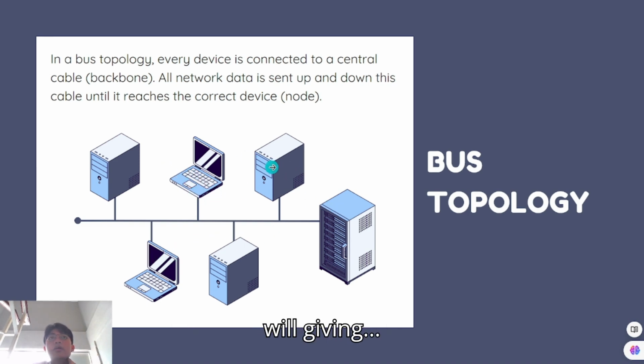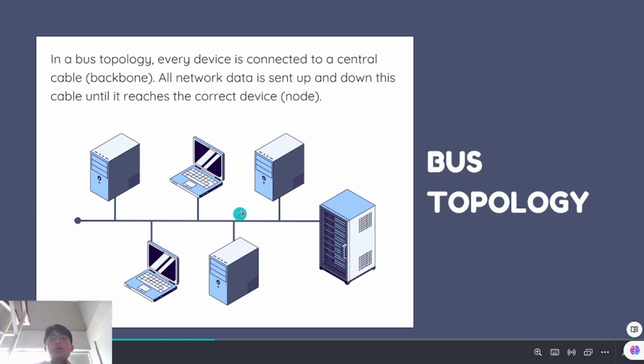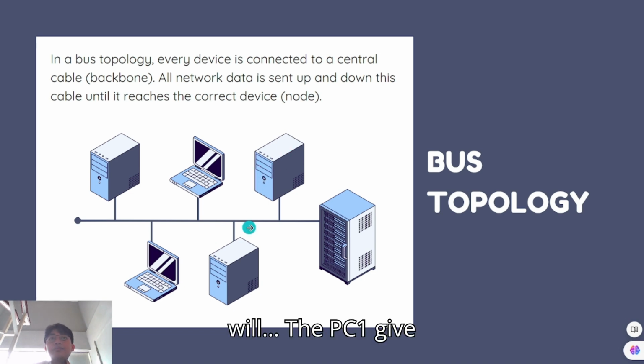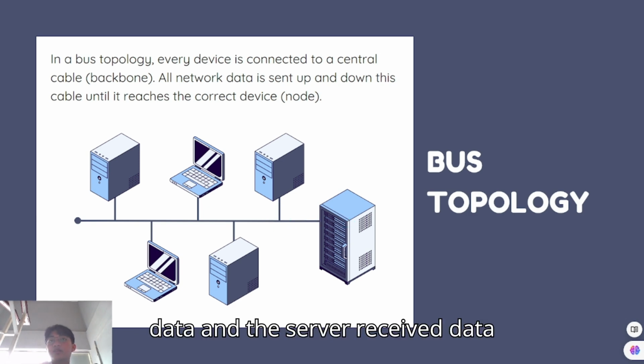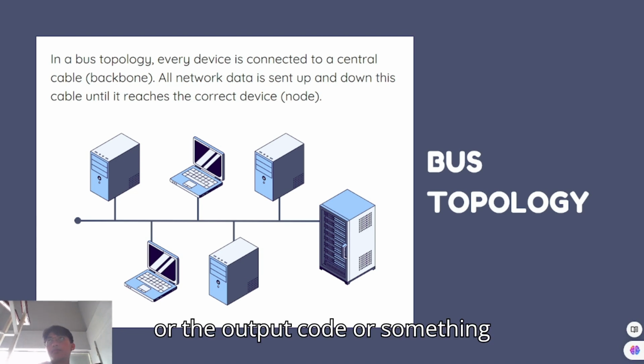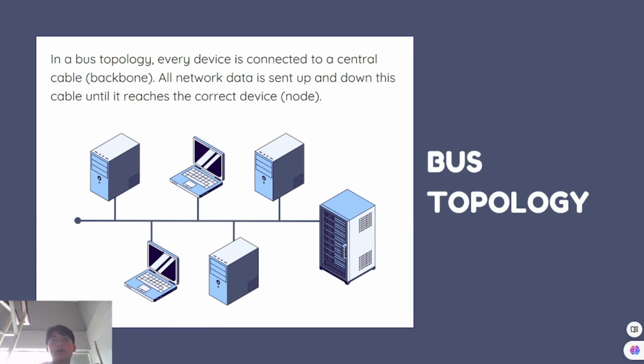If PC1 wants to send data to PC2, PC1 gives the data to the server, and the server receives the data and manages it. A simple comparison is traffic on a roadway with a traffic light.